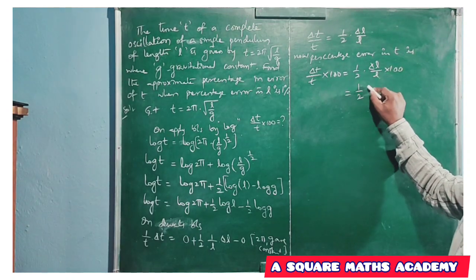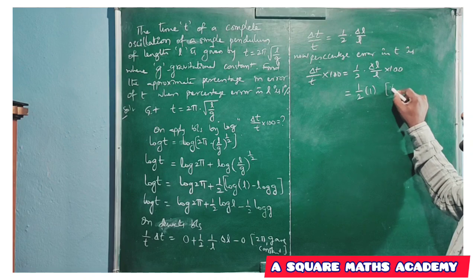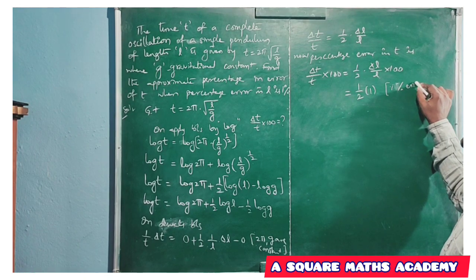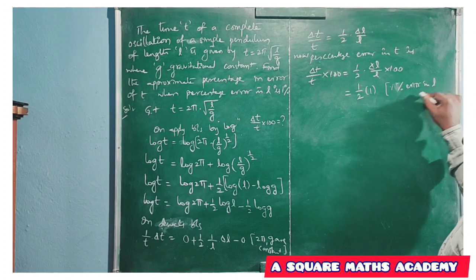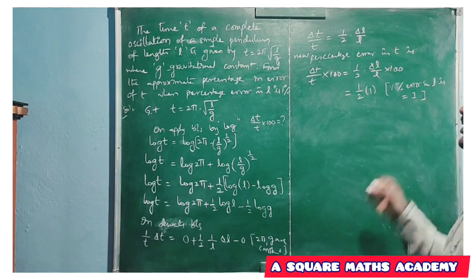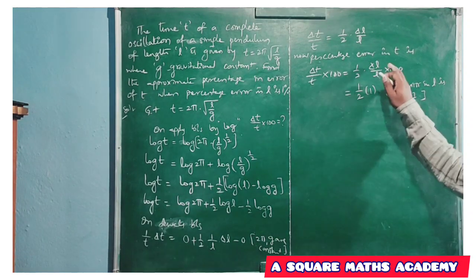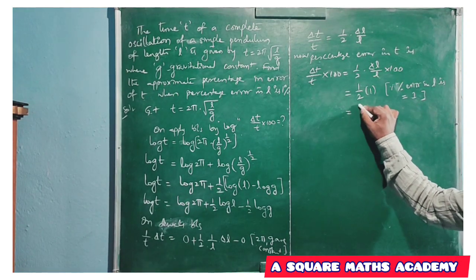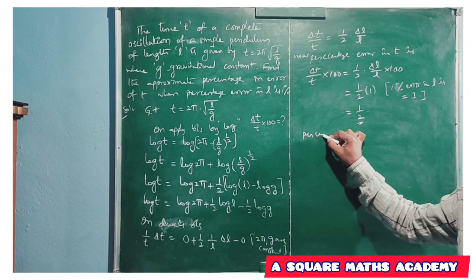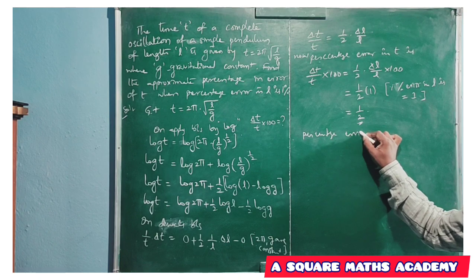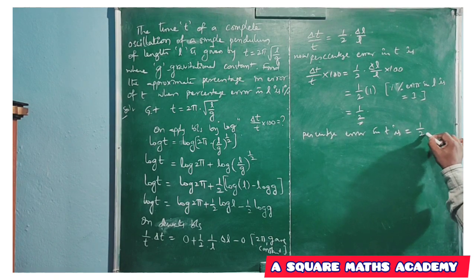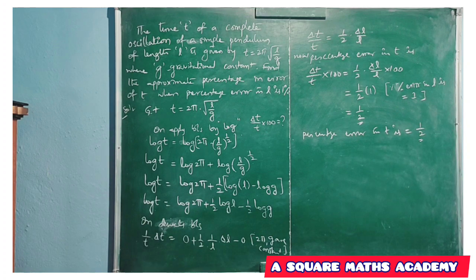This value is already given: the percentage error in L is 1, so delta L by L into 100 equals 1. So 1 by 2 into 1 is 1 by 2. We get the percentage error in t as 1 by 2.